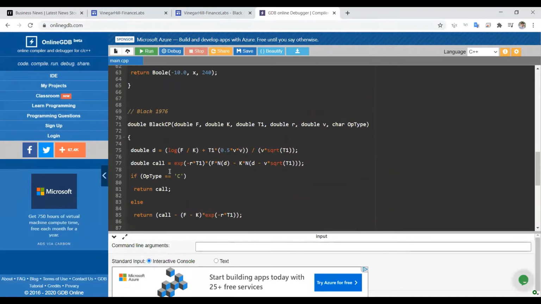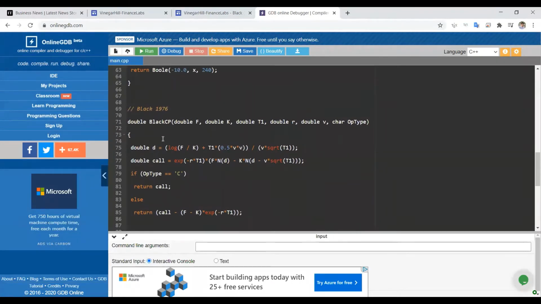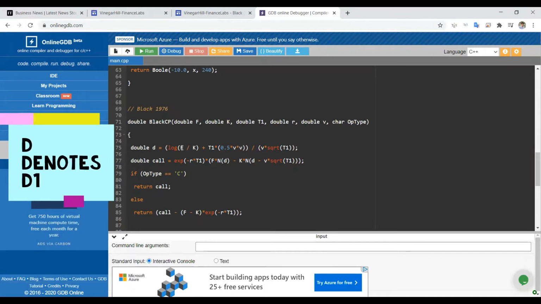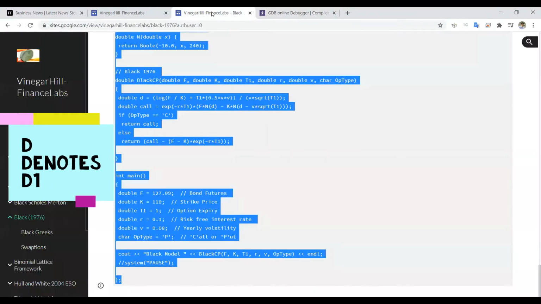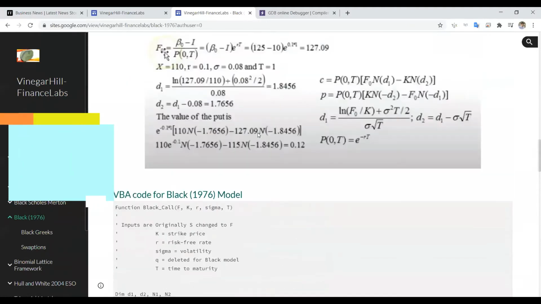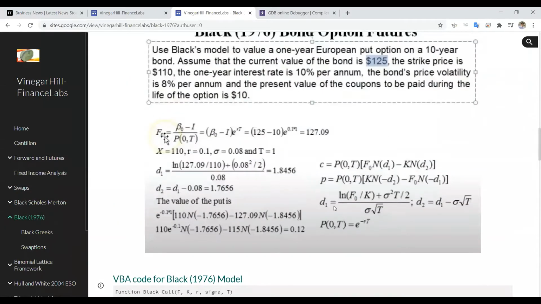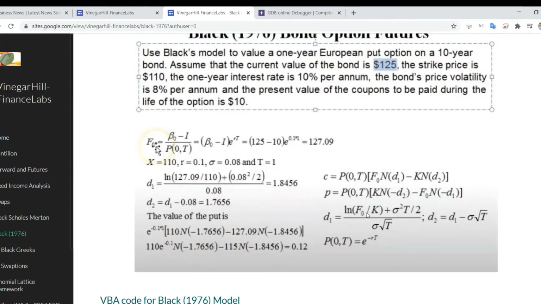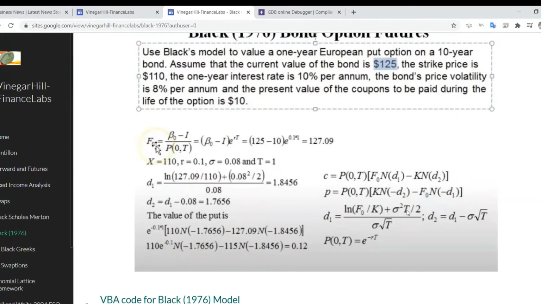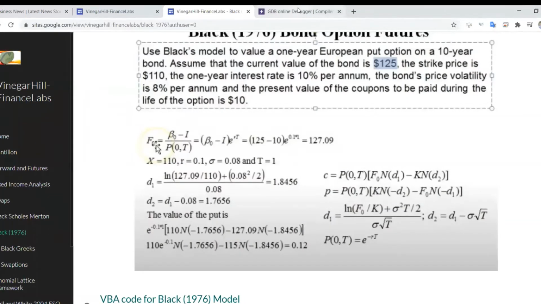Now we might note a little bit here in terms of the code. D here is D1, and that conforms with the formula that we would have had here. So D1 follows this formulation here: the natural logarithm of F divided by the exercise price, plus sigma squared times the maturity divided by 2, over sigma square root of t.